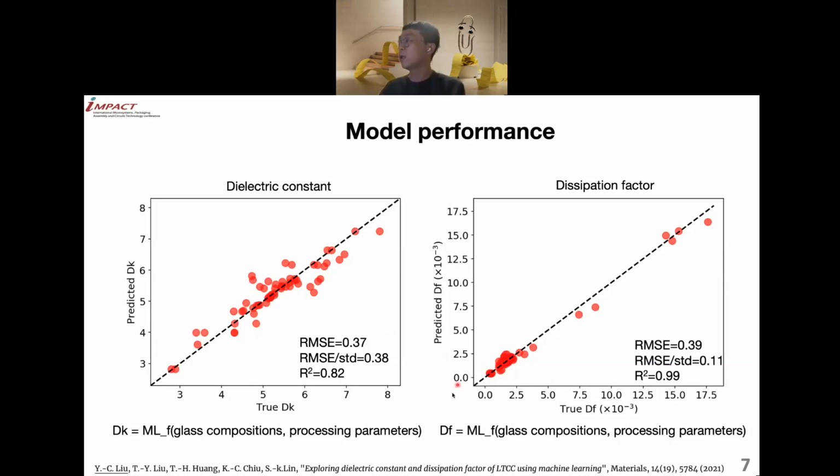By using this machine learning method, we have built a function from glass composition and process parameters to the dielectric constant as well as the dissipation factor. This shows the true, measured one, and this is the predicted one, and for this part, it's the same.